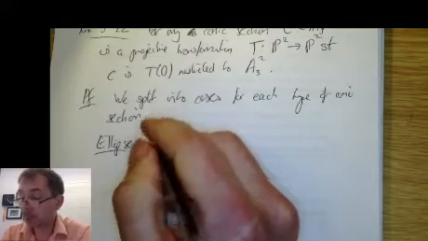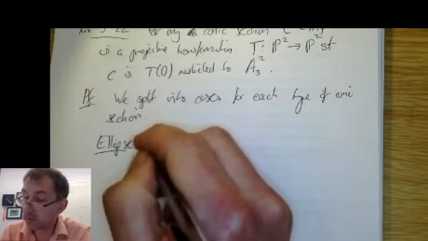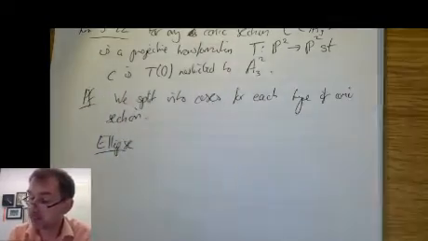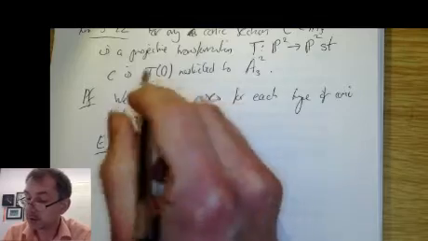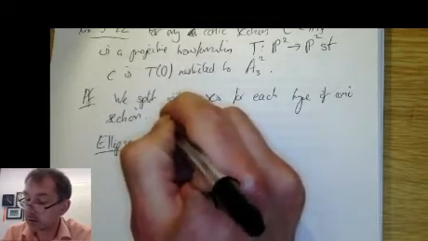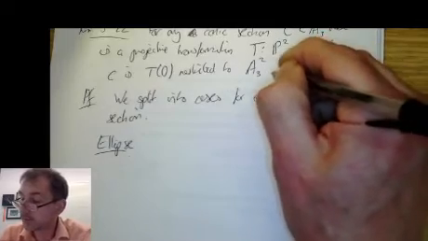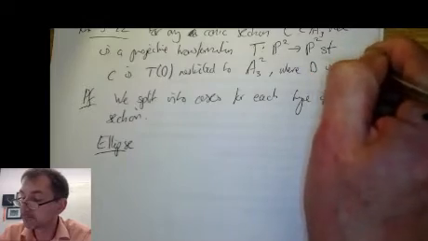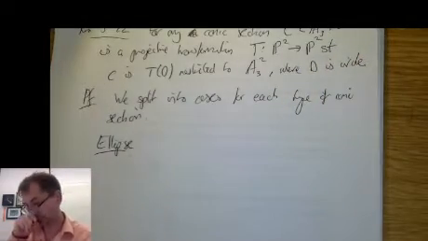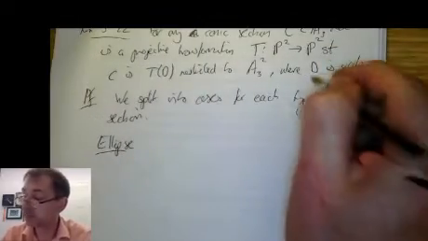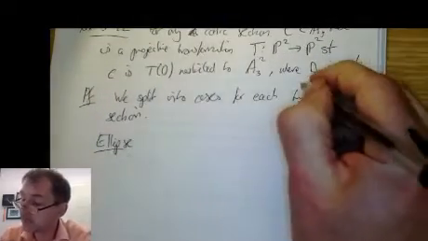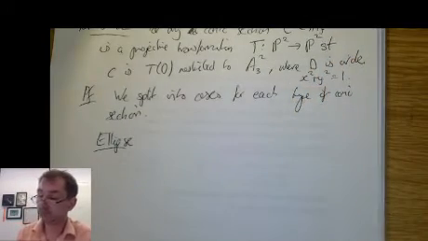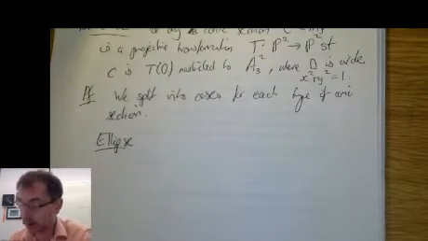First of all, I should have made the point that D is the circle that we discussed above, defined by z equals 1. Okay, so we're going to see that everything can be related back to the circle.